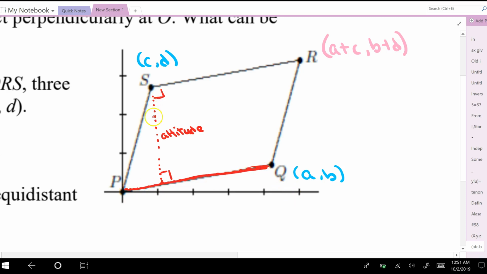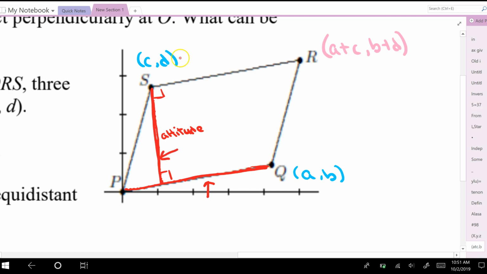But I think you'd agree that finding this altitude would be a big old mess. It's similar to all those distance questions we were doing. To find this altitude, we'd have to find the equation of the line perpendicular to this base, which would involve finding the slope of segment PQ and taking its opposite reciprocal to be the slope of the altitude.